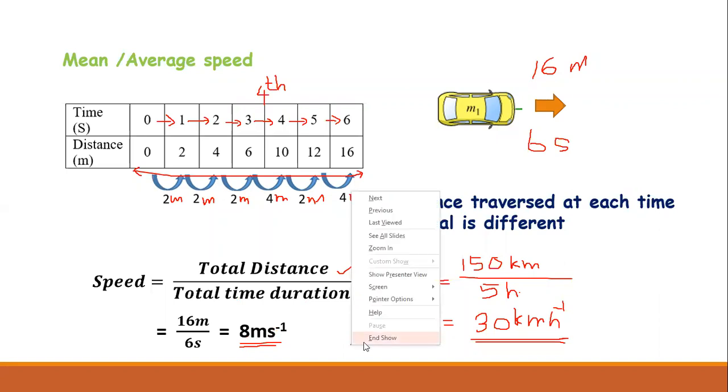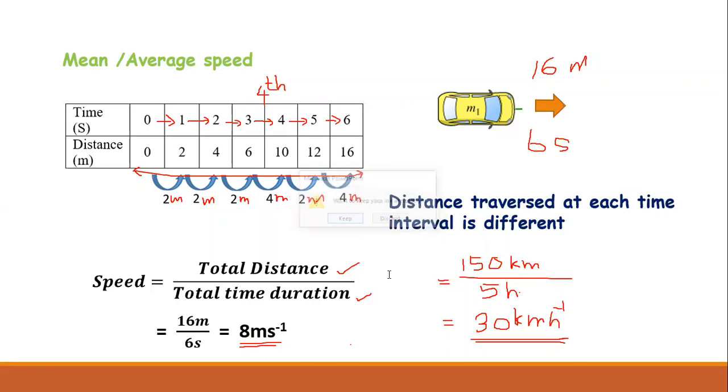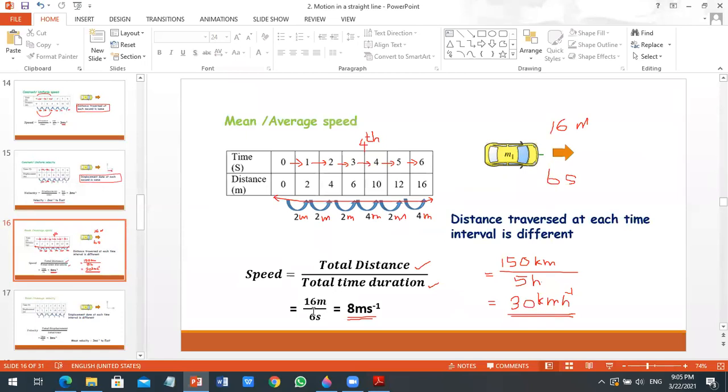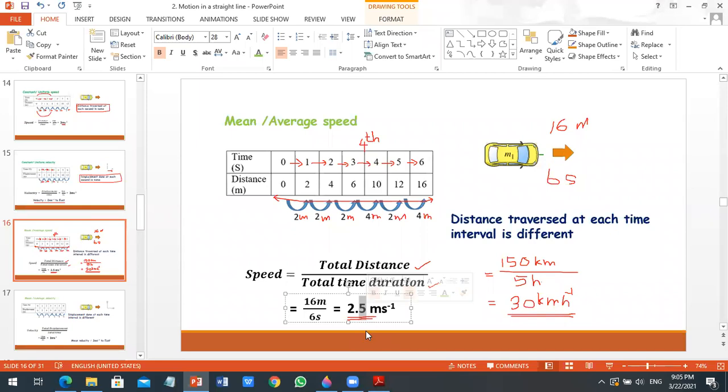So this answer here is wrong. 16 divided by 6 should be 2.66.